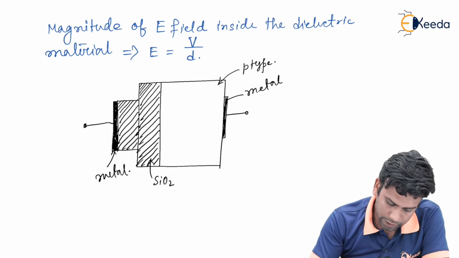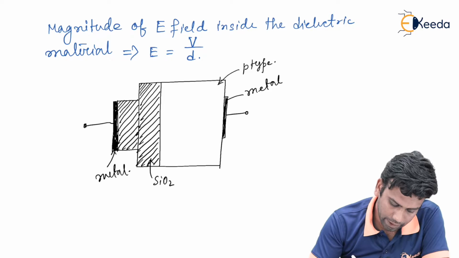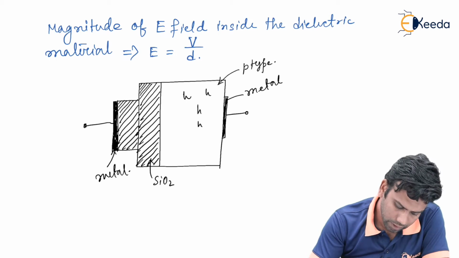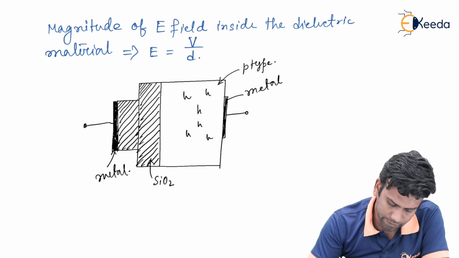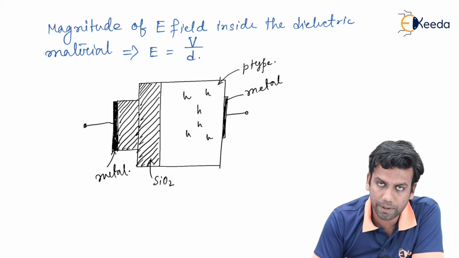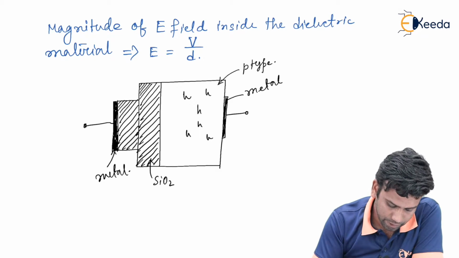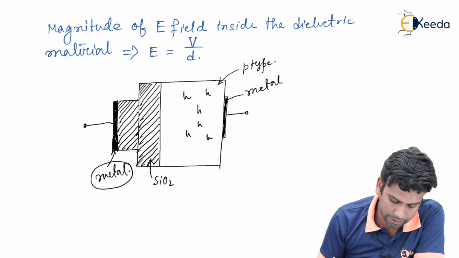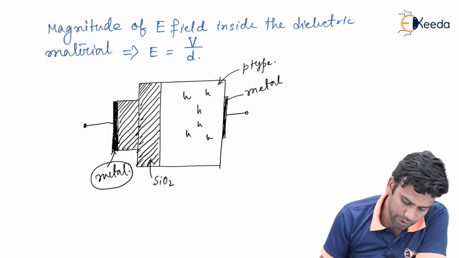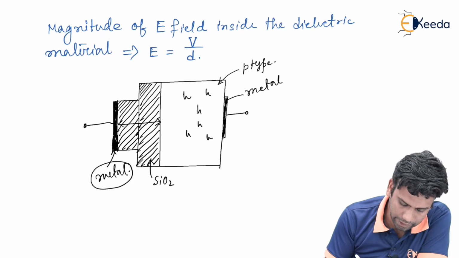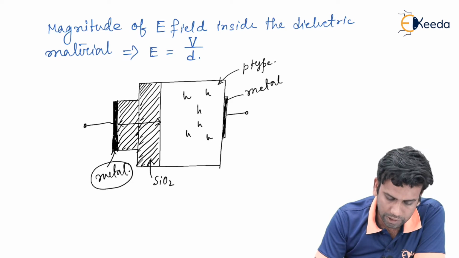Now in this p-type substrate there are many holes. This p-type substrate along with the metal will serve as one metal plate, and this metal connection will serve as the other metal plate, and in between is the silicon dioxide, which will serve as the dielectric material.